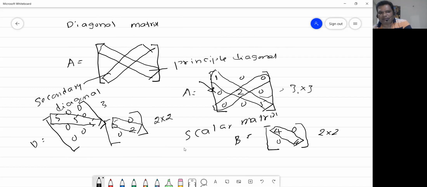The order is 3 by 3. So what is a scalar matrix? A scalar matrix is a diagonal matrix in which the elements of the principal diagonal are all equal. That is the definition of a scalar matrix. This is a 2 by 2 matrix. This is a 3 by 3 matrix. Now I will go to the other point.